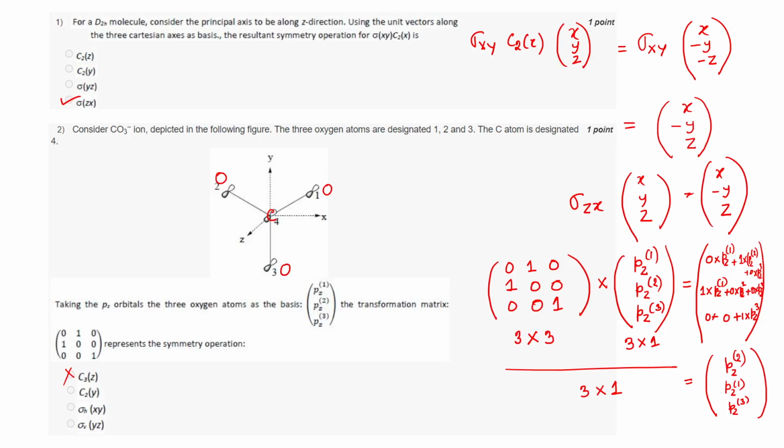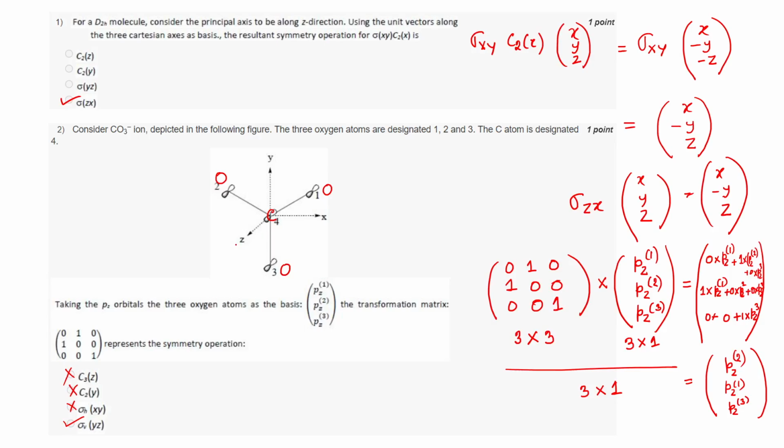Now, what would have happened if we would have used a molecular plane? All would have become the same. 2 becomes 2, 1 becomes 1, 3 becomes 3, but minus because lobes are going to change sign. So this is also not the correct answer. The only correct answer is sigma v along the yz axis.